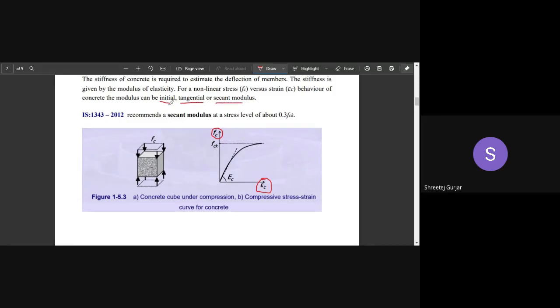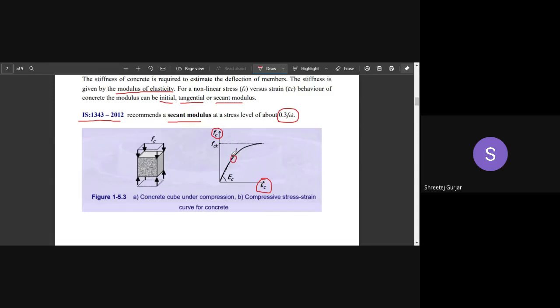IS 1343/2012 recommends using the secant modulus at a stress level of 0.3 FCK. Let me explain how the secant modulus is determined at a stress level of 0.3 FCK. You can see in this stress strain graph, we mark this 0.3 FCK.